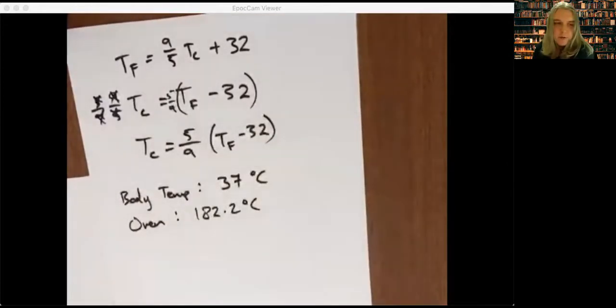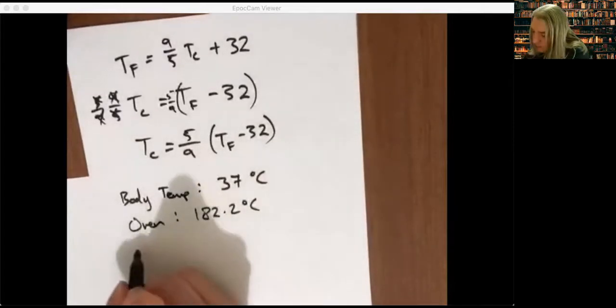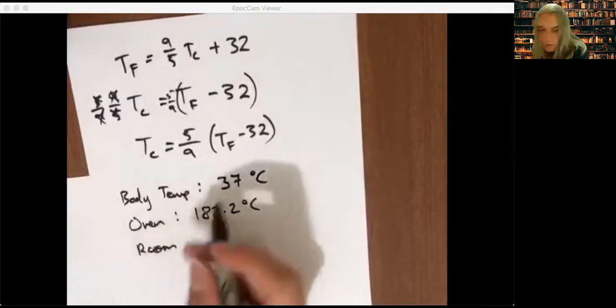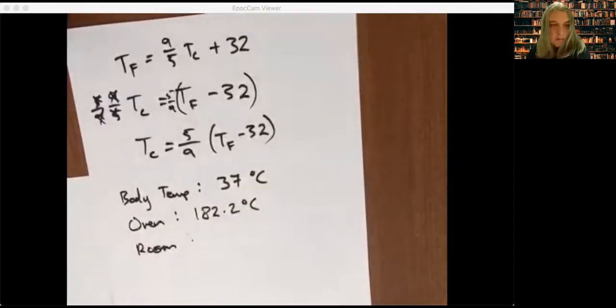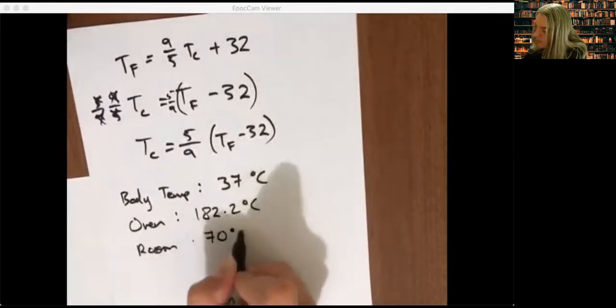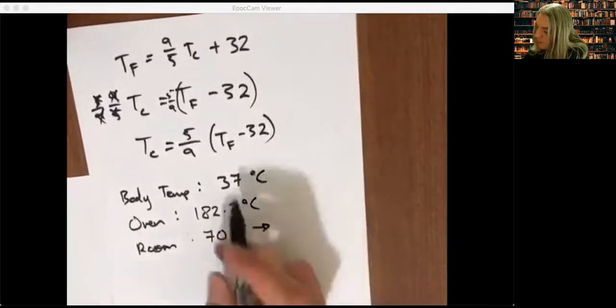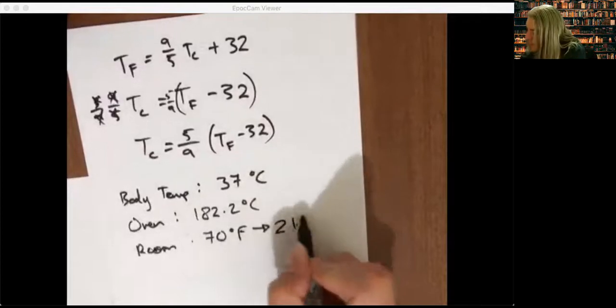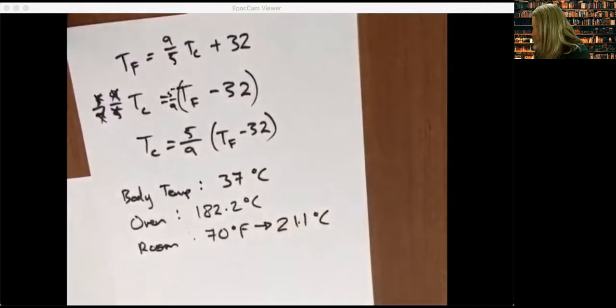Probably around 180 Celsius is what you'd set your oven to. And the last one is a comfortable room temperature of 70 degrees Fahrenheit, which becomes 21.1 degrees Celsius. So around 21 degrees Celsius for 70 degrees Fahrenheit.